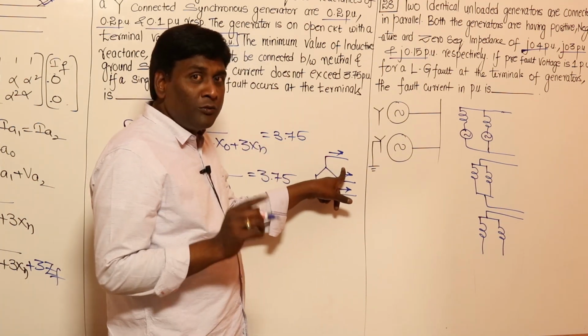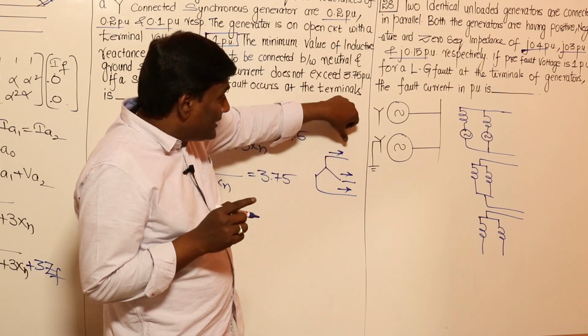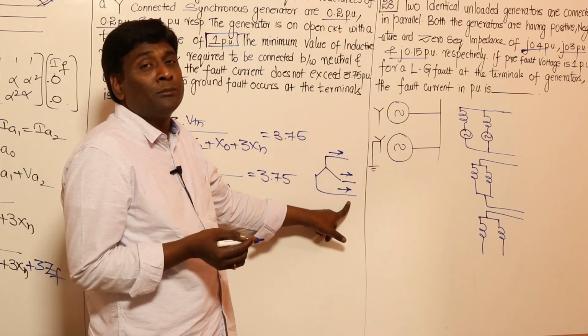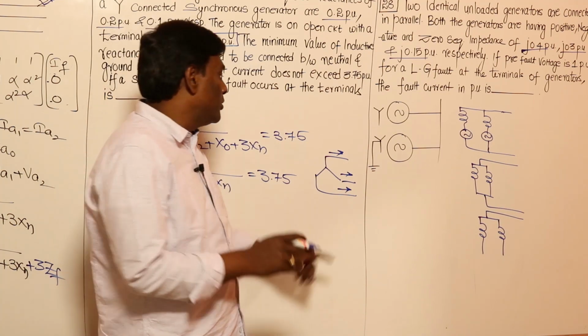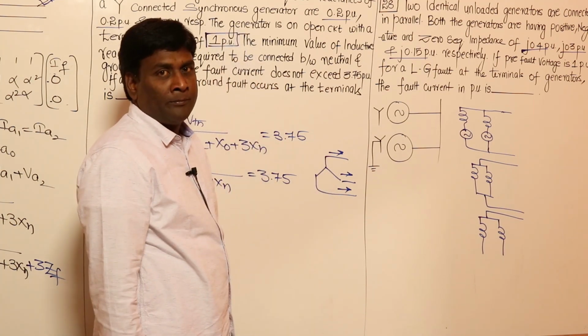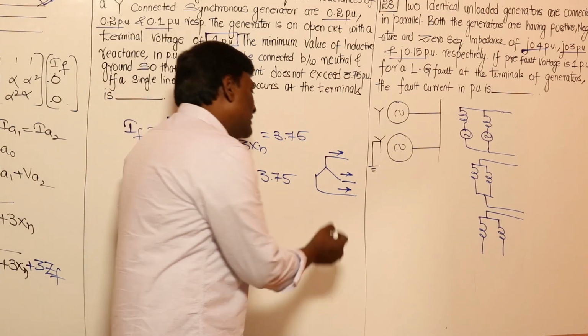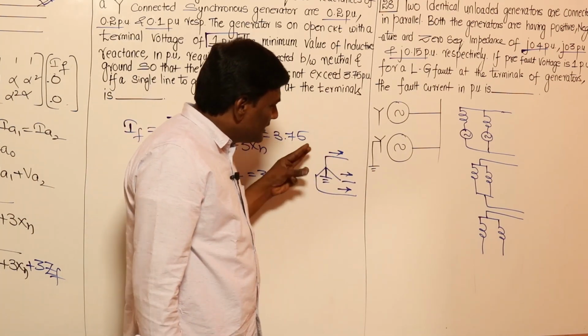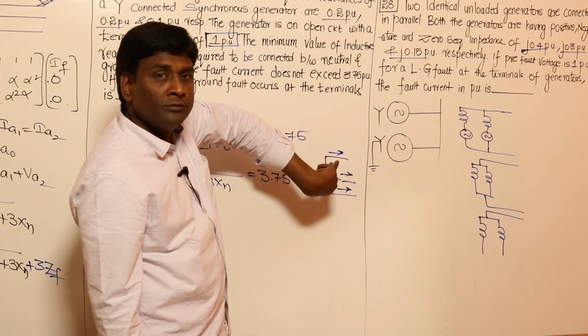For example, if IA is 1 ampere at one instant, at the same instant the others are also 1 ampere, where is the return path? So zero sequence currents cannot flow when connected in star with neutral ungrounded. If I ground this, these 3 currents can go through this ground.